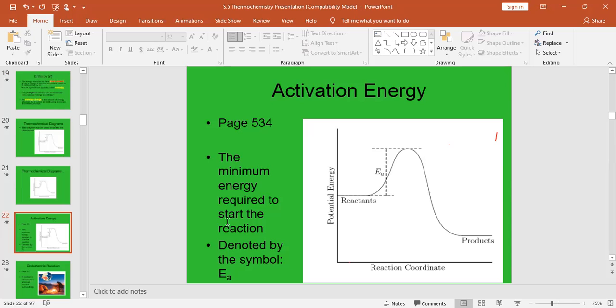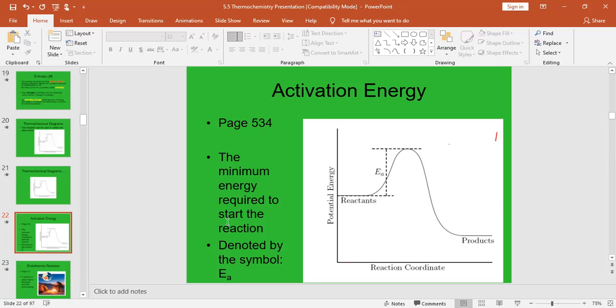You must provide the minimum energy. That's why you have charcoal lighteners. That charcoal lightener just ignites, and as the bonds between the carbon components in charcoal start breaking, it releases the excess energy that was stored in the bonds. It is this minimum energy that you need in order to raise that energy, and it is represented by the symbol capital E, A.